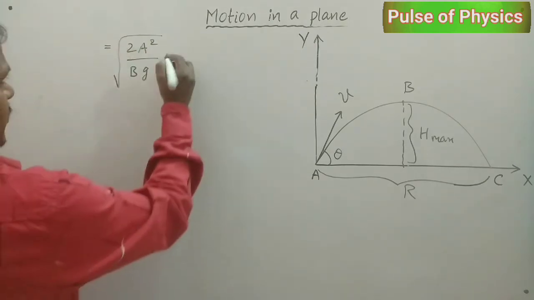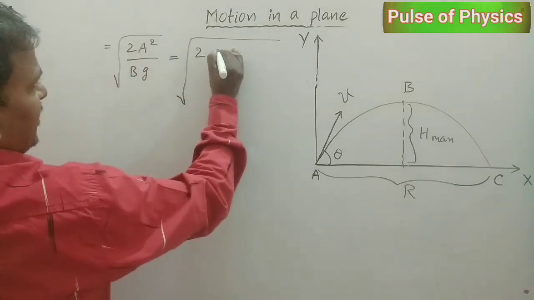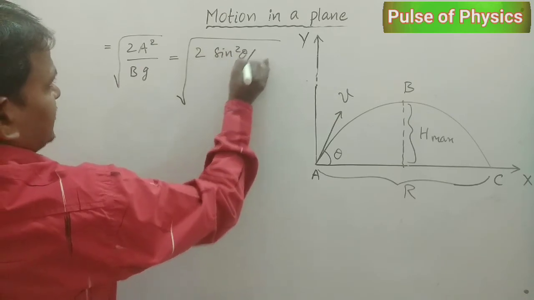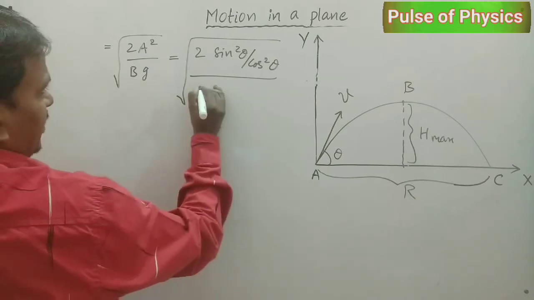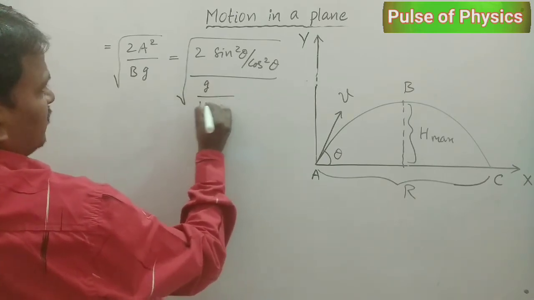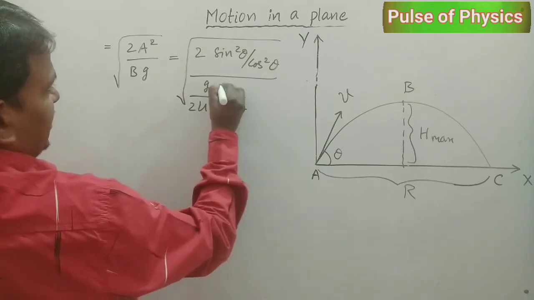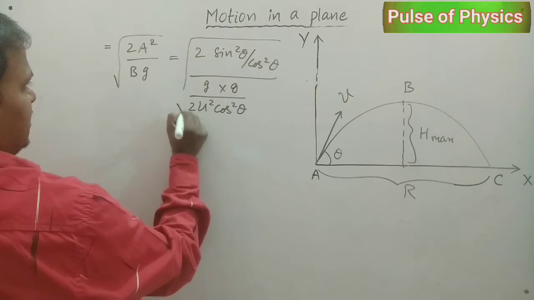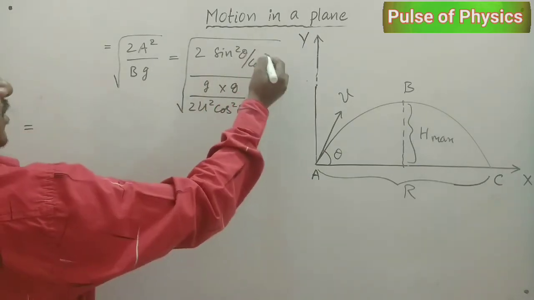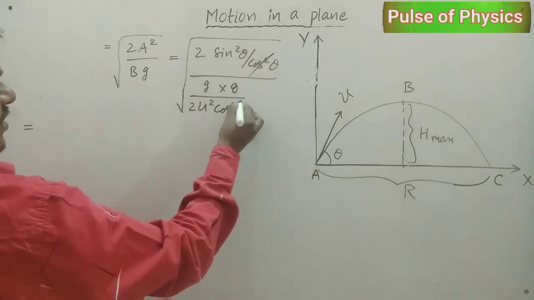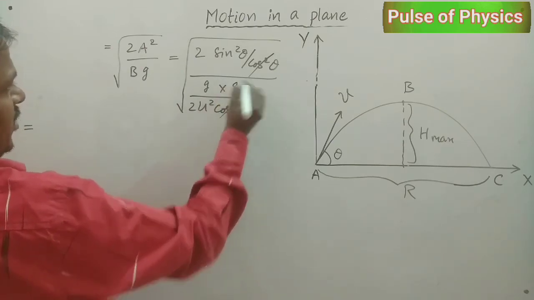Root 2 into A square, tan square theta, sin square theta by cos square theta, by B G, by 2u square cos square theta into G. Okay, so cos square theta in the denominator cancels. Next here this is G only.